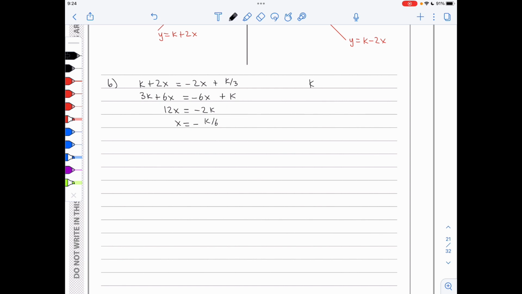Alternatively, I will equate k minus 2x with (2x minus k) over 3. I will multiply by 3 to get 3k minus 6x is 6x minus k. This leads to 4k is 12x, so we get that k over 3 is x, and these are the two solutions to the given equation.